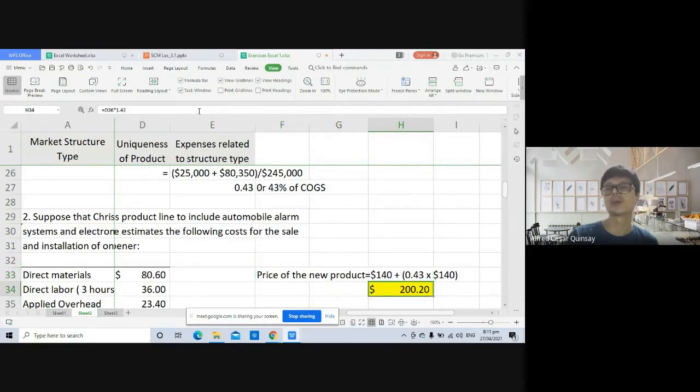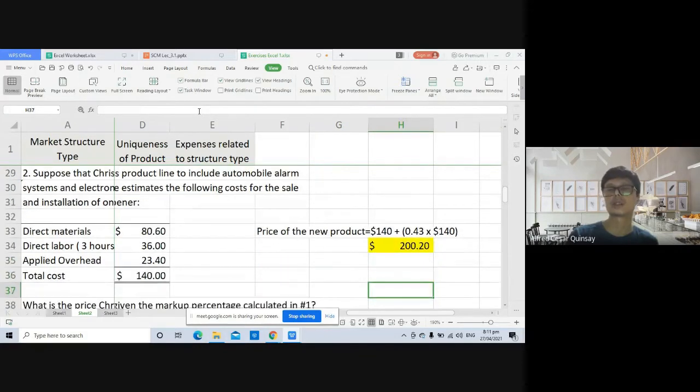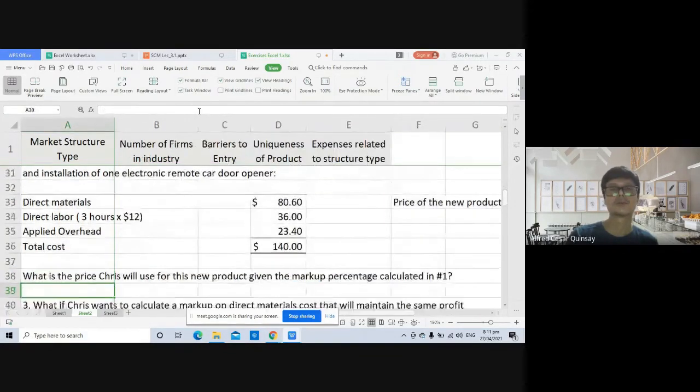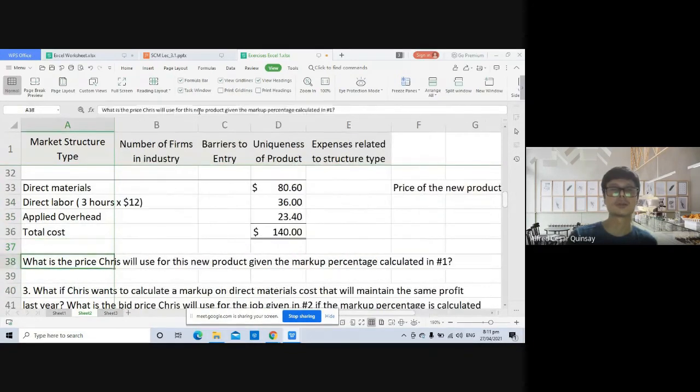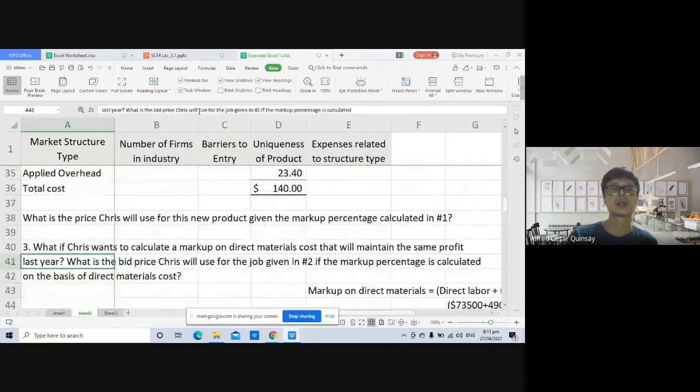So ito yung magiging bagong presyo niya, $200.20. Okay. Yan yung sagot. You calculated that from number 1. Number 3. So tatlong requirement yan.